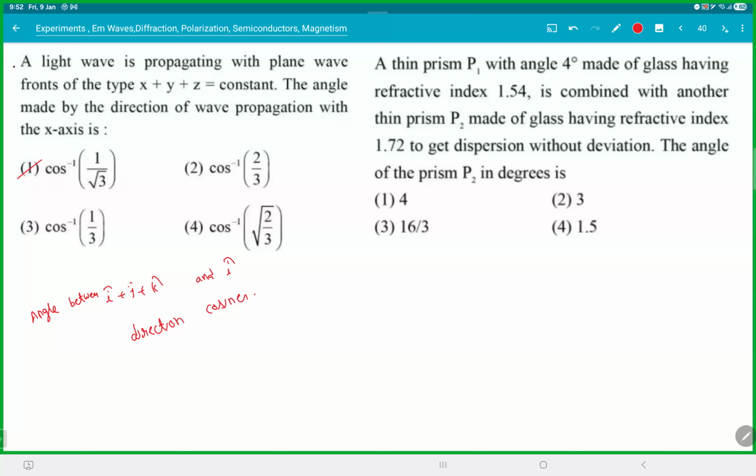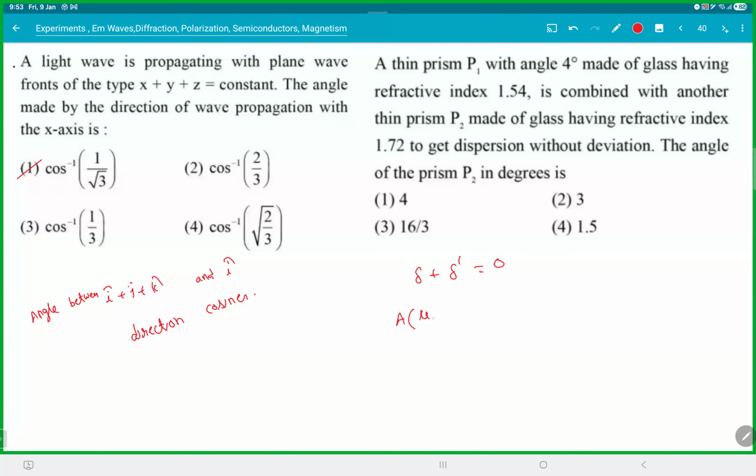What about the next thing? Thin prism P1 4 degree. Same question which you have done before. But in this case, it's asking the angle of the prism. So deviation delta plus delta dash must be 0.